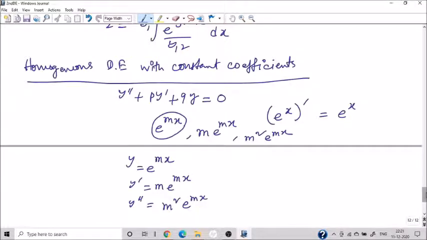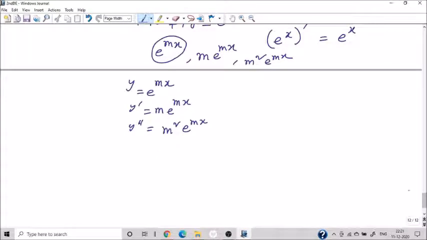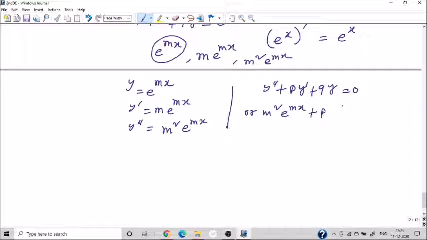Now putting the value of y into the homogeneous differential equation, which is y double dash plus p into y dash plus q into y equal to 0: m square e to the power mx plus p into m e to the power mx plus q into e to the power mx is equal to 0.